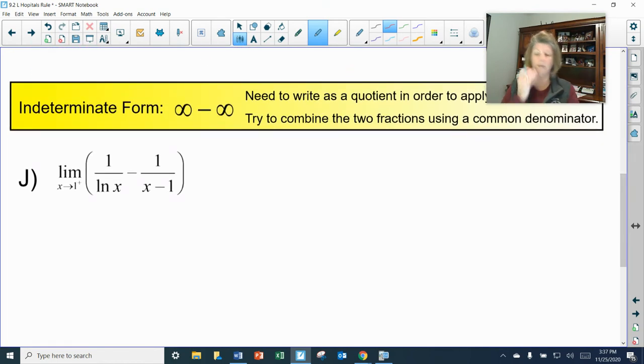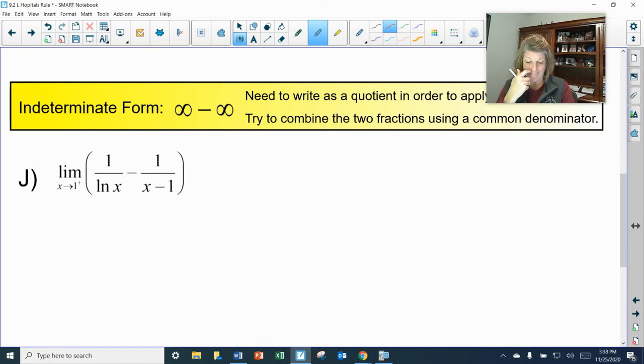Let's look at J. What about infinity minus infinity? Indeterminate. I don't know how big the first infinity was in comparison to the second one. I still need to try to write it as one fraction, so I have a quotient trying to get that 0 over 0, infinity over infinity type case.